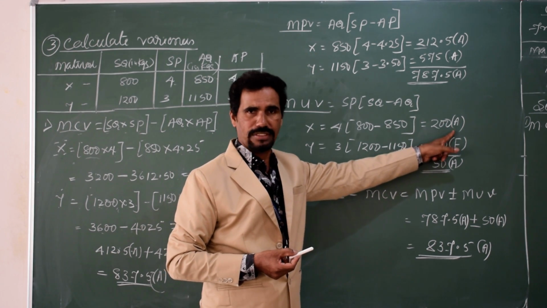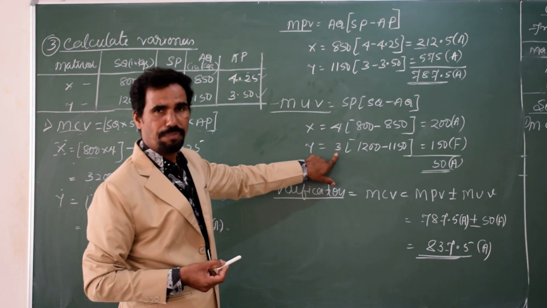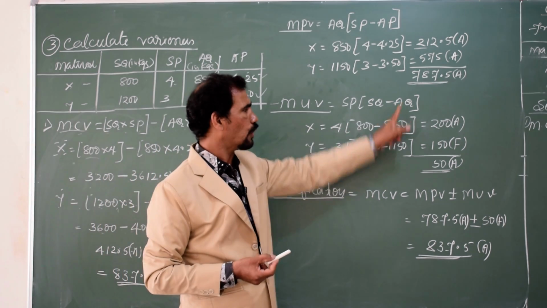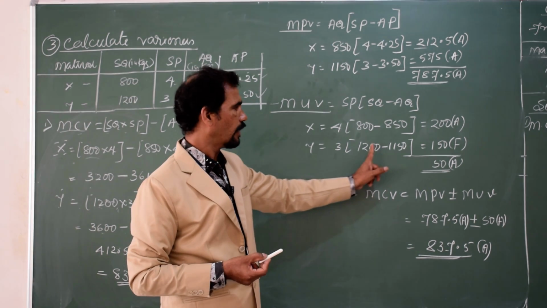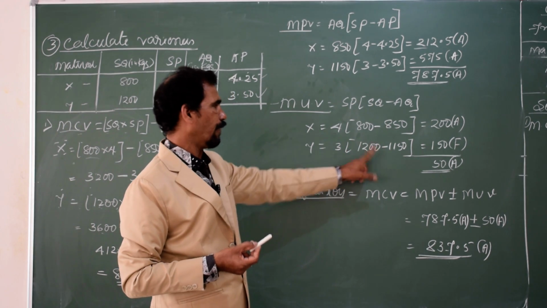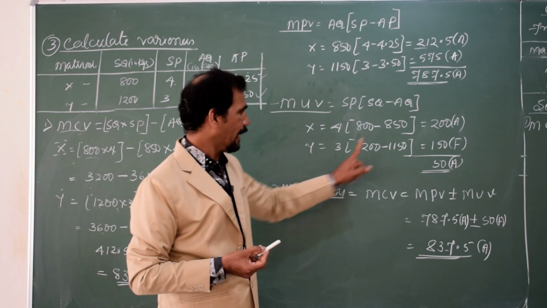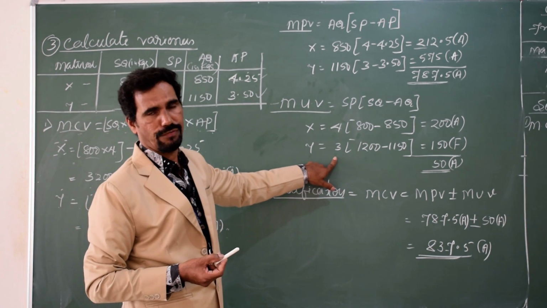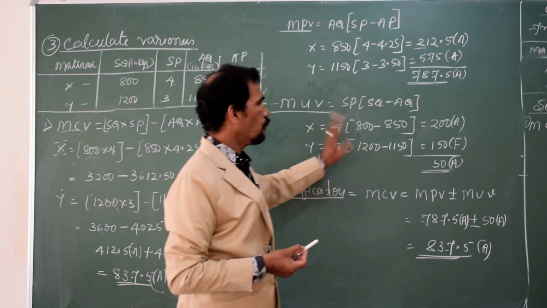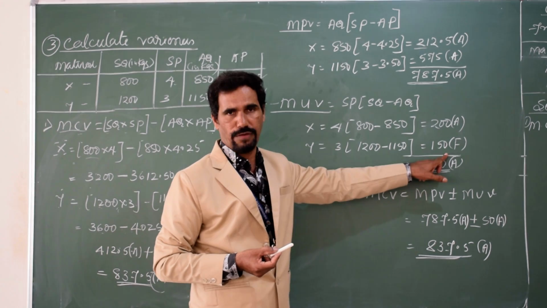It is also adverse. Next, material Y: standard price 3 rupees, standard quantity 1200, actual quantity 1150. 1200 minus 1150, the difference is 50 only. 50 into 3 is 150, which is favorable. So in the material usage variance, X is adverse and Y is favorable.